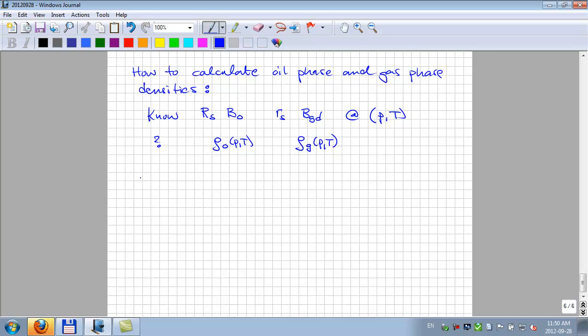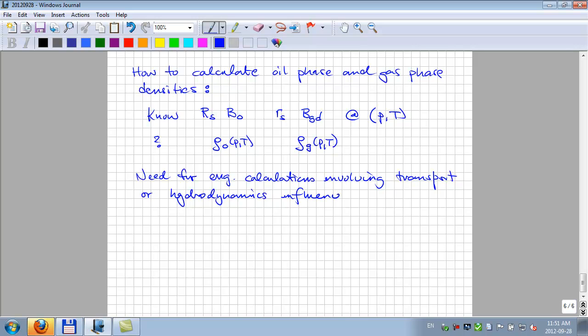And we need this for engineering calculations involving transport or hydrodynamics influenced by gravity.